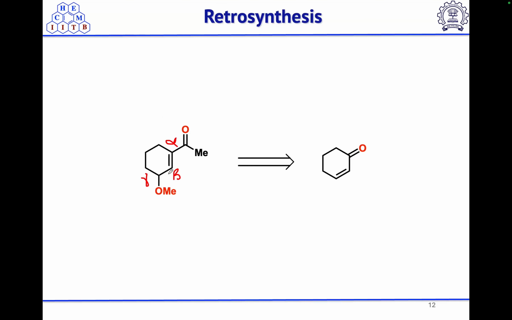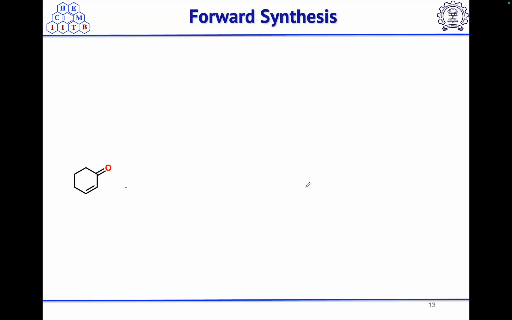So we are planning the retrosynthesis for this compound, right? And the target material we already gave here. So this is cyclohexenone. In forward synthesis, we'll start from the cyclohexenone.